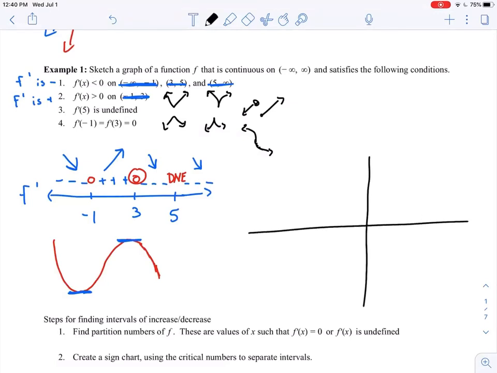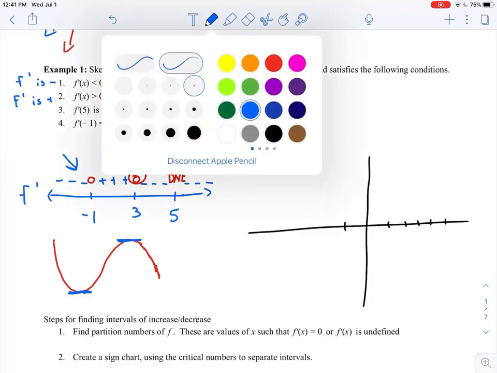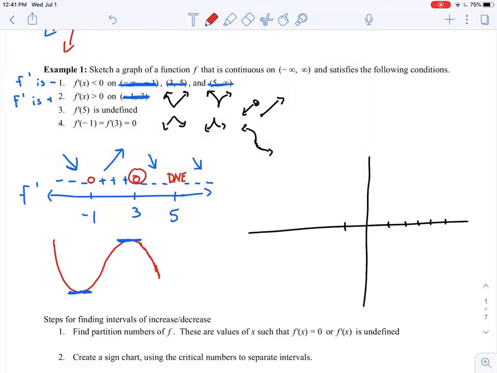So I'm going to put, let's see, -1 and then 1, 2, 3, 4, 5. Now, the y values that you draw these graphs at is not terribly important. I know that this horizontal tangent line is occurring at -1. I could put that point down here, or I could put that point up here.